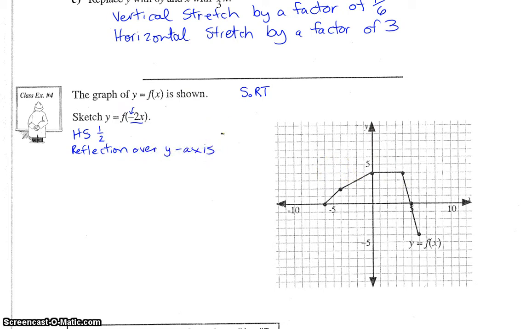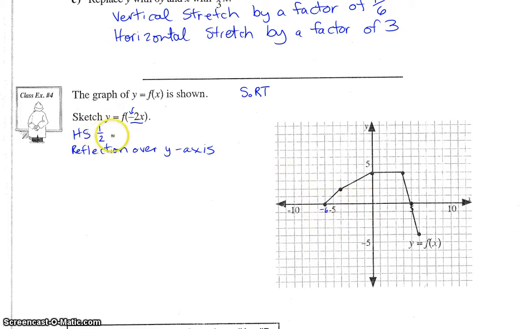And there we go. So we're going to do that to each point on this graph. You can do it with the table of values if you prefer, or we can do it on the graph, and I'll show you both ways so that you can get a flair for it. First of all, let's go to this point here. We're at -6 for our x value. Y is at 0.